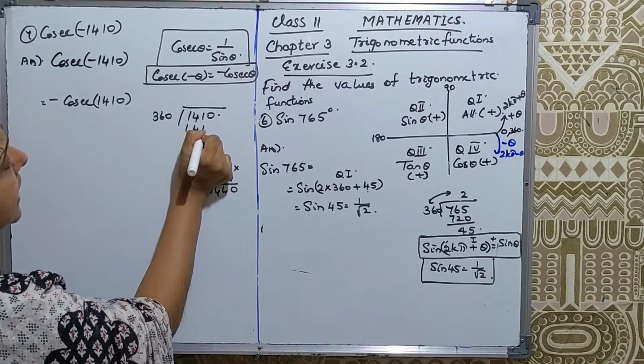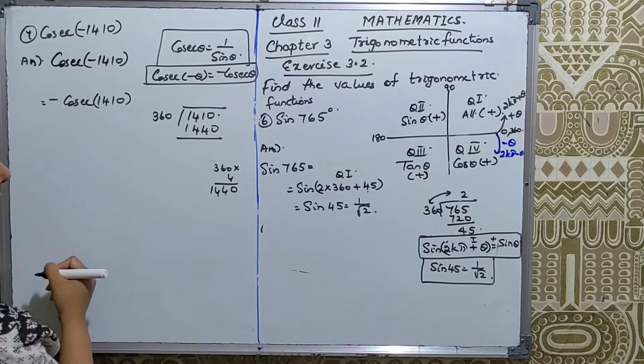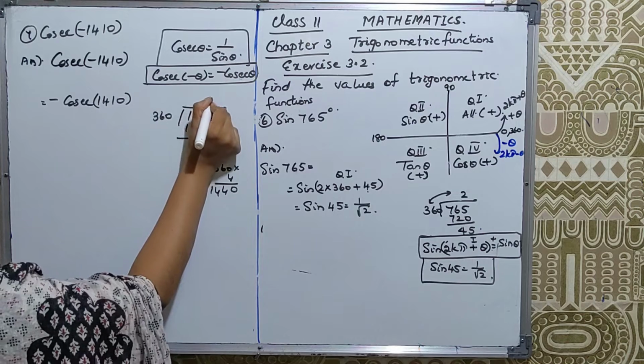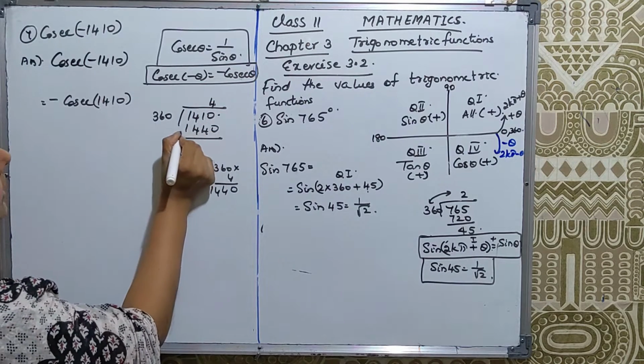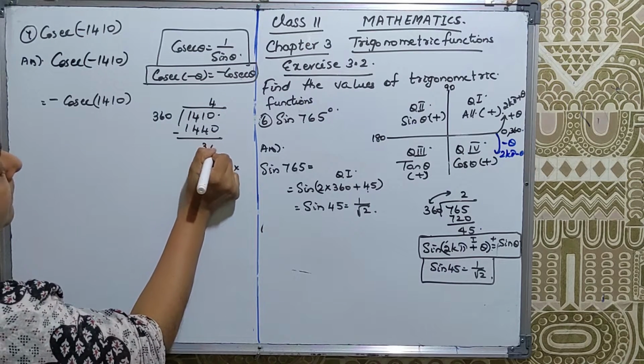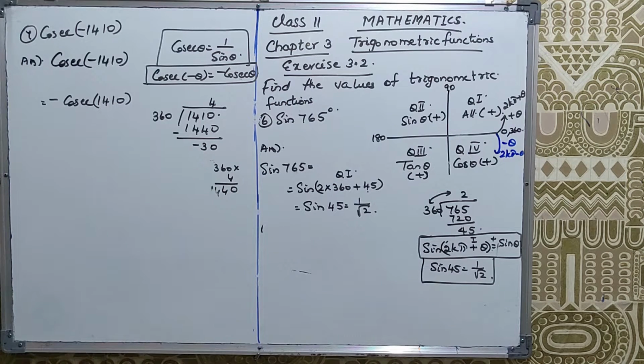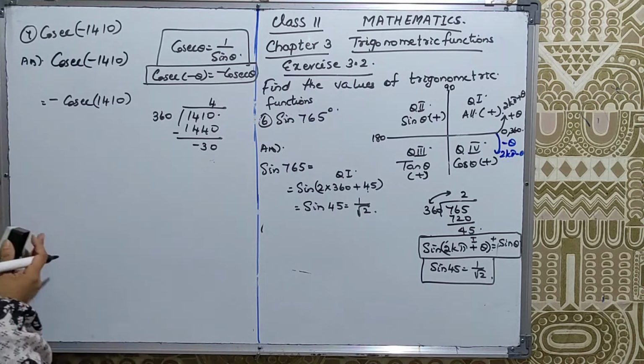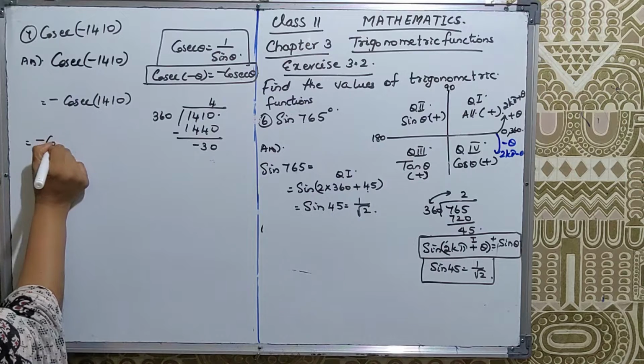I'll take the number more than that one. 360 into 4. If I subtract, I'll get minus 30.